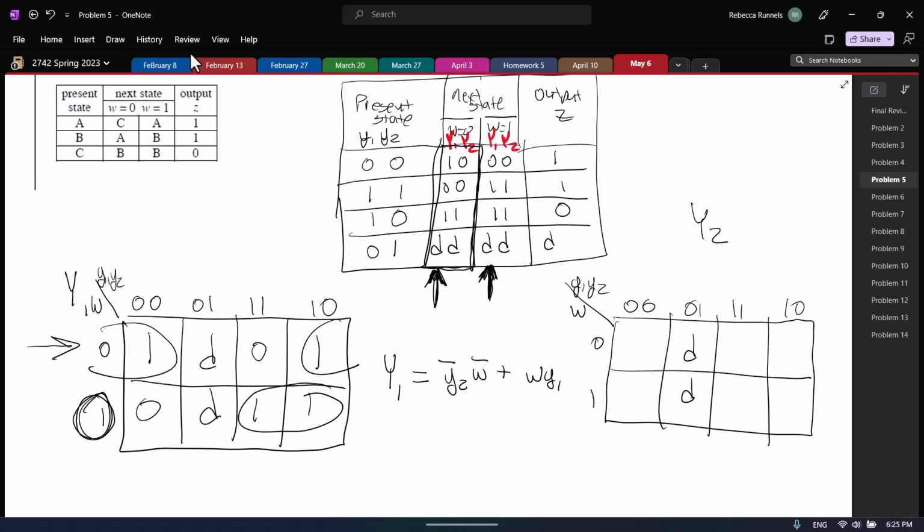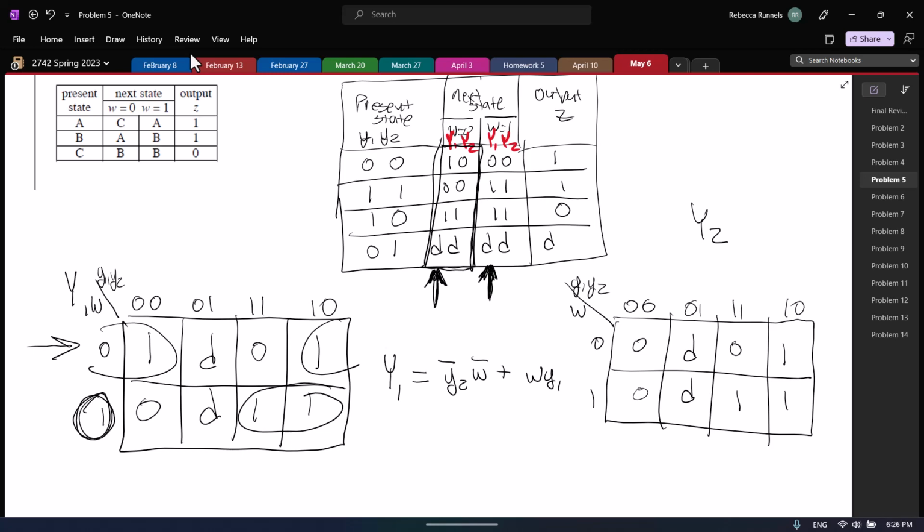I have 0 when the present state is 0, 0. I have 0 when the present state is 1, 1. And I have 1 when the present state is 1, 0. In the second column, which corresponds to w equals 1, I have 0 for 0, 0, and 1s for the other two.